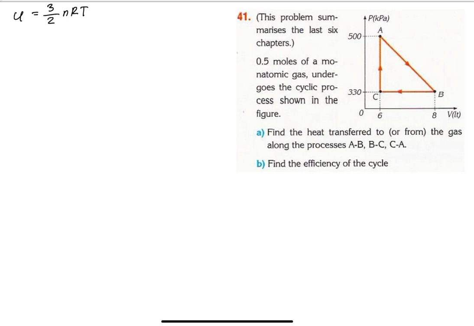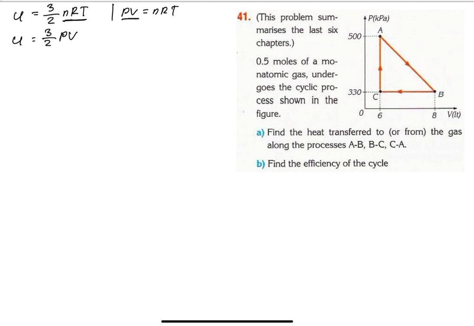But in this graph, temperature is not given, but by using the ideal gas equation, which is PV equal to nRT, I'm going to replace nRT with PV. So the equation for internal energy will be equal to 3/2 PV. So for each point, now we know the pressure and the volume.